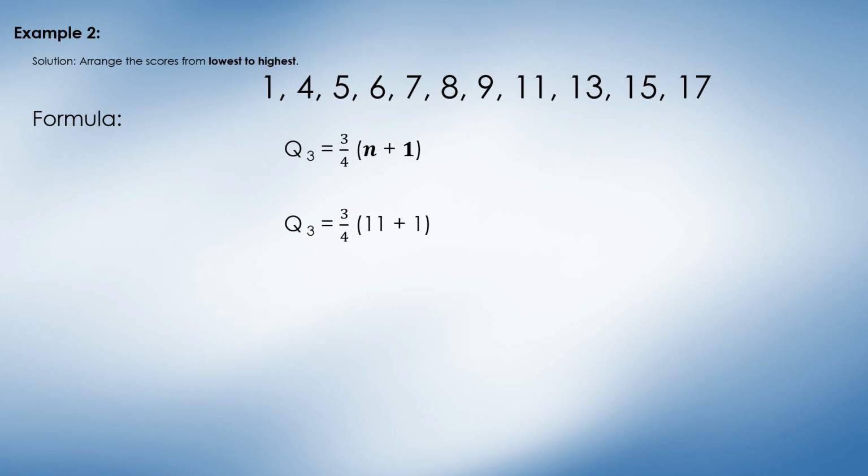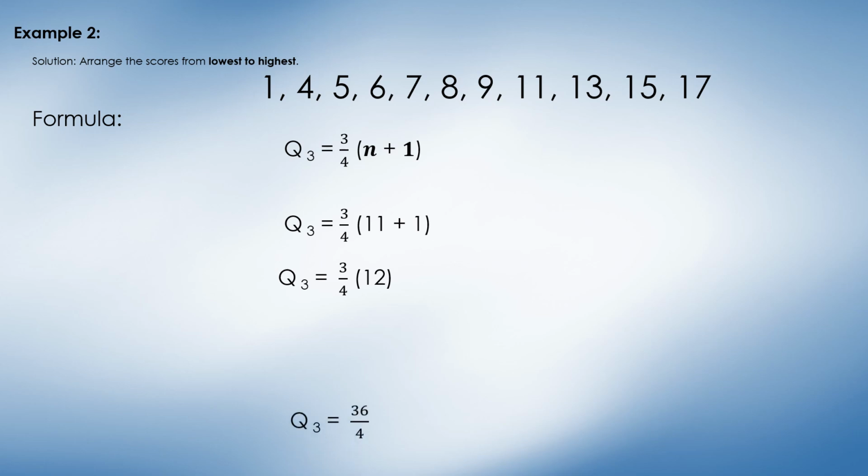So we have here 3 over 4. By substitution, the value of n is 11. So we have here 11 plus 1, which is equal to 12. So 12 times 3 is 36 divided by 4.